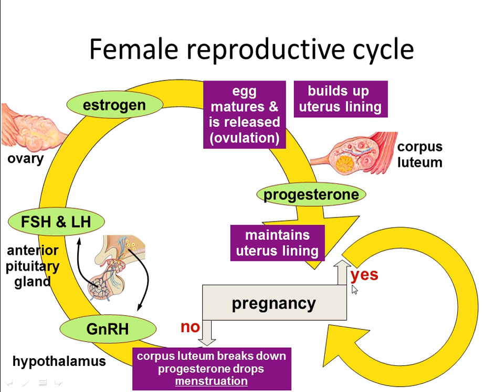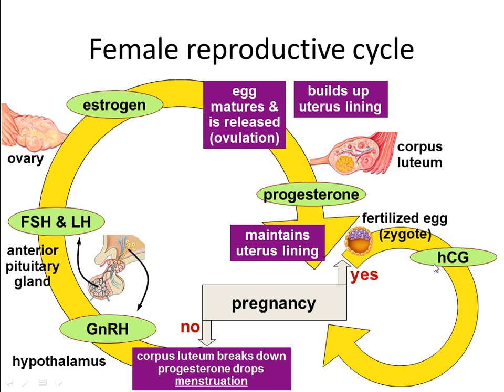Let's say that someone is pregnant, not you necessarily, but someone is pregnant. That means there's a fertilized egg in the fallopian tubes, so that's a zygote. The zygote is going to travel down the fallopian tube and implant on that thick uterine lining. The fertilized egg produces a hormone called HCG, human chorionic gonadotropin.